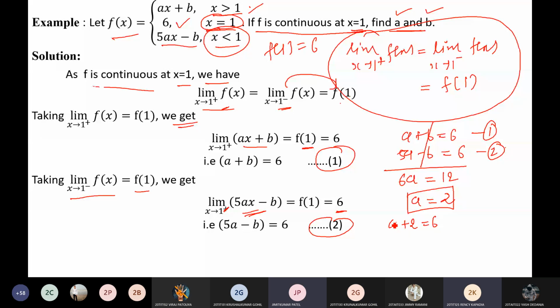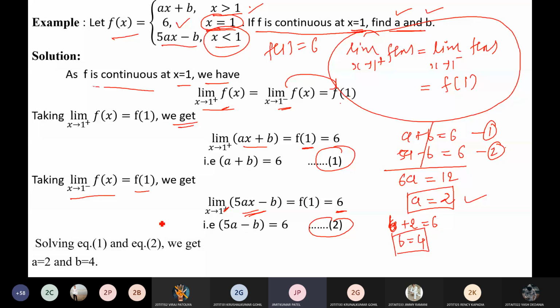So our answer is a is equal to 2 and b is equal to 4. Is there any problem in this example? No, sir.